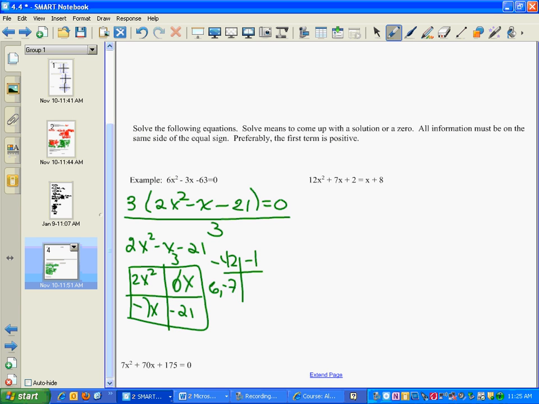Depending on what you put in what box, I'm going to pull out a 3, an x, a 2x, and a negative 7. I'm going to get x plus 3 and 2x minus 7 equals 0. Is this any different than what we did yesterday? x will equal negative 3 and 7 halves.